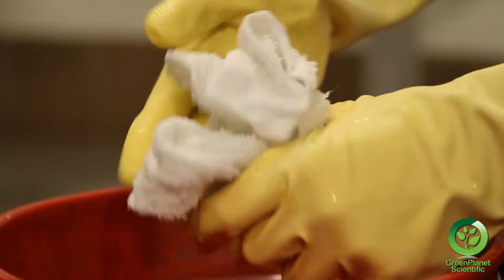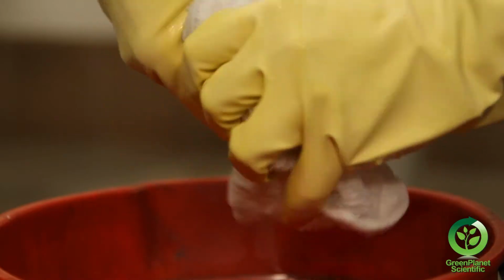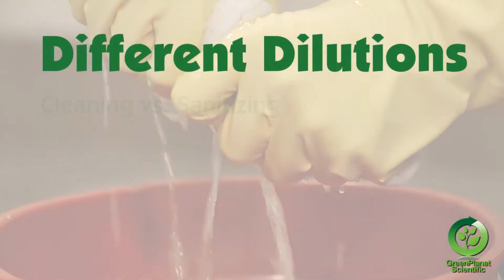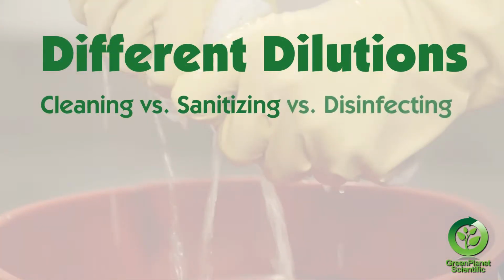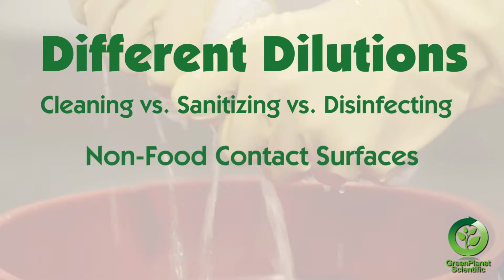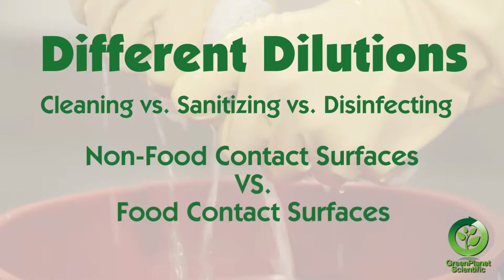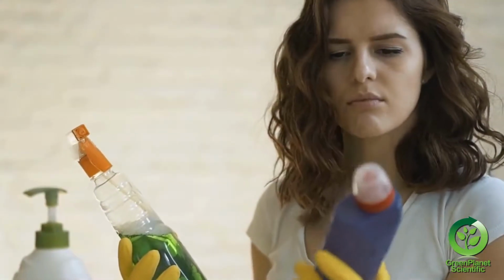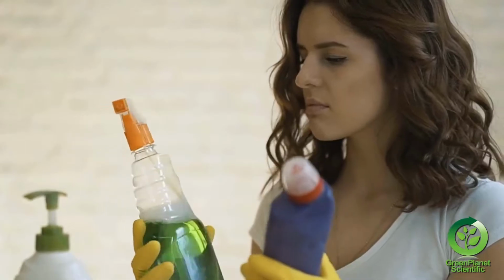It is difficult for the non-expert to fully appreciate the different dilutions required for cleaning versus sanitizing versus disinfecting, or the dilution requirements for non-food contact surfaces versus food contact surfaces, and the inherent limitations of chemicals themselves.